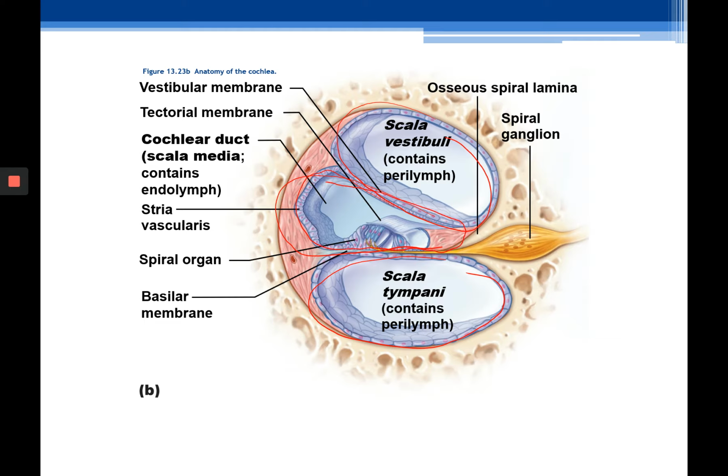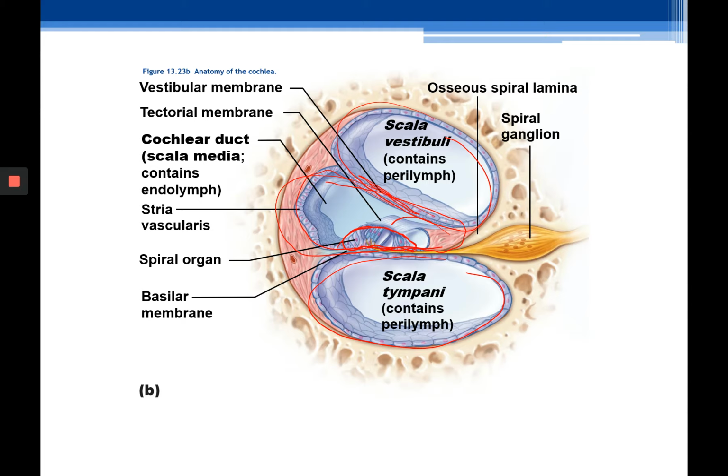The cochlear duct is going to contain endolymph, just a type of fluid, and it's going to be outlined on its bottom by a basilar membrane, on its top by a vestibular membrane. And then if we look at the organ of Corti itself, which is just a group of receptor cells and supporting cells, we find that right on top of the organ of Corti is the tectorial membrane.